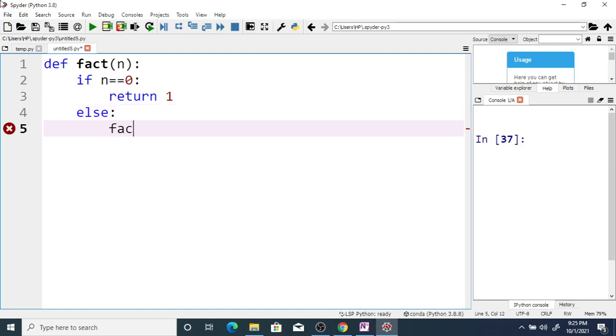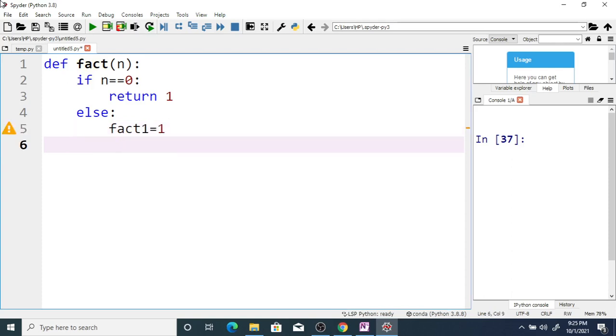now take one variable, say factorial 1, fact1 is equal to 1.